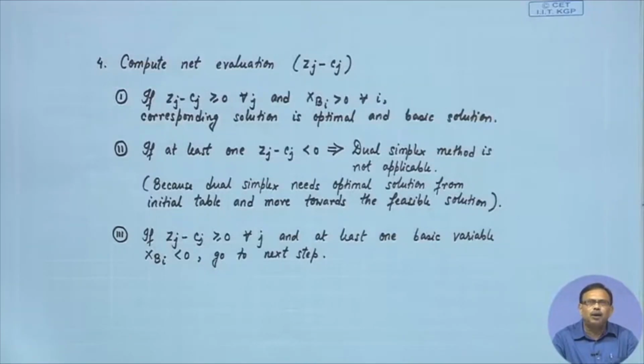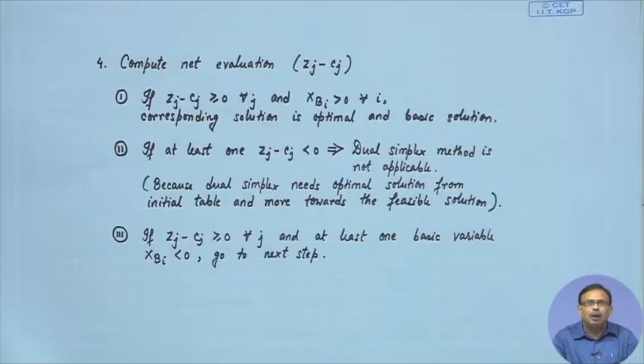If at least one zj minus cj is less than 0, then the dual simplex method is not applicable, because the reason is, as we have told, the dual simplex method needs the optimal solution from the initial table and moves towards the feasible solution. That is, it always satisfies the optimality condition, then tries to obtain the feasibility condition.